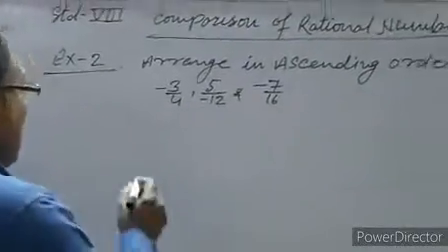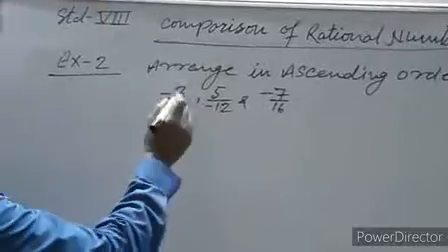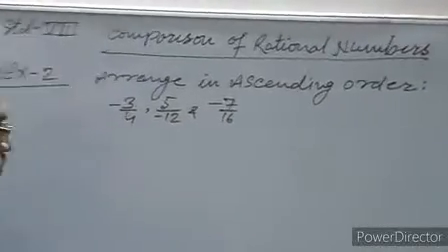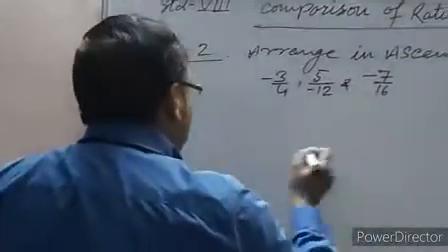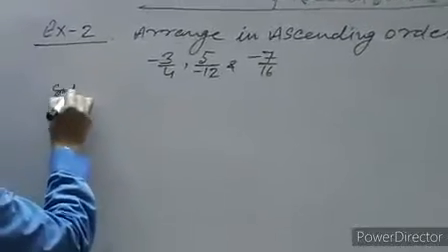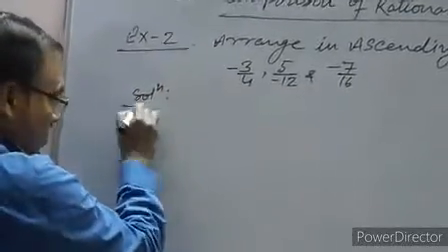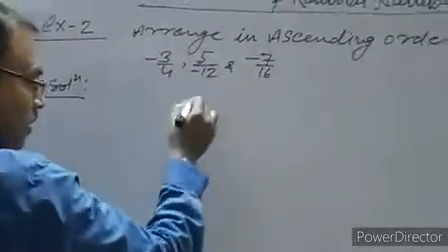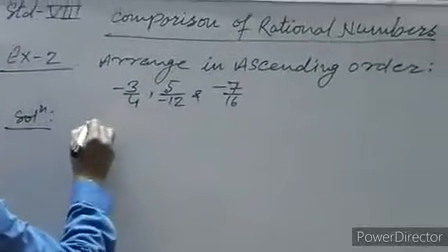Now we see the second example: arrange in ascending order. In the solution, first of all we make the denominators positive.